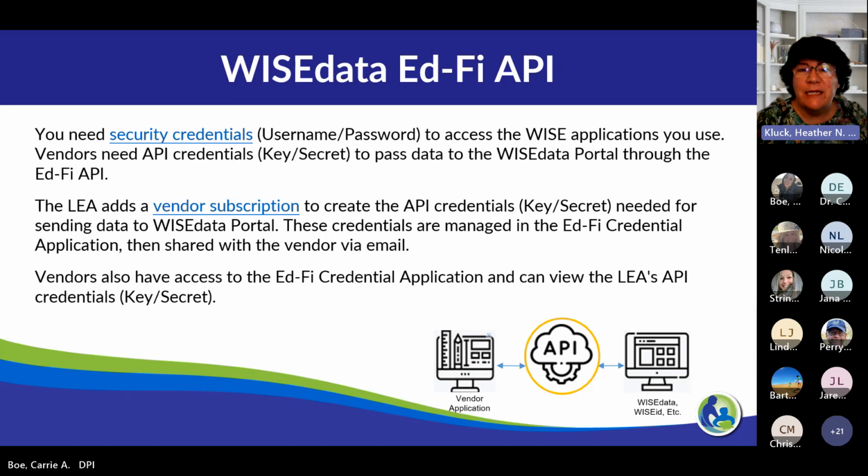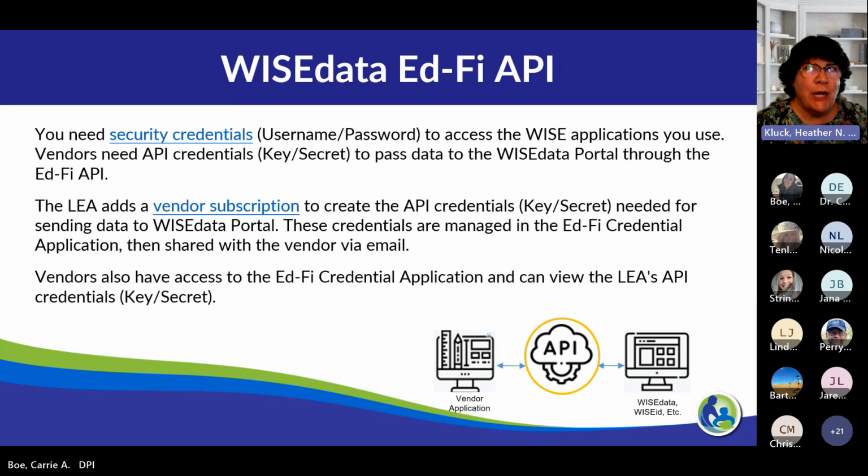And this will be the same case when you're trying to access any of our WISE applications. But vendors need a key and secret to pass the data through the WISE Data Portal. So you can think of these as a username and password for the API, but they're actually a little bit different. The key and secret is something that the vendor needs to be able to use the API.